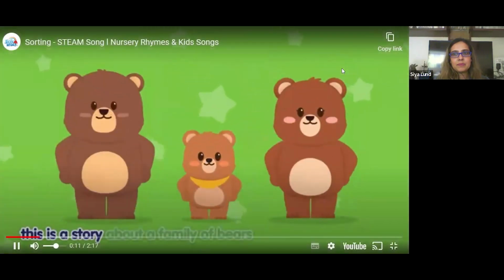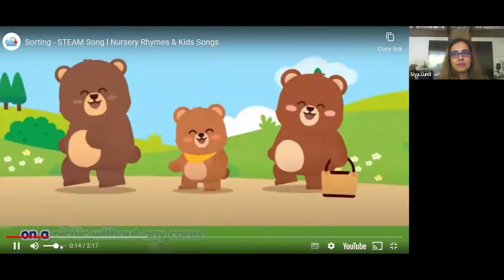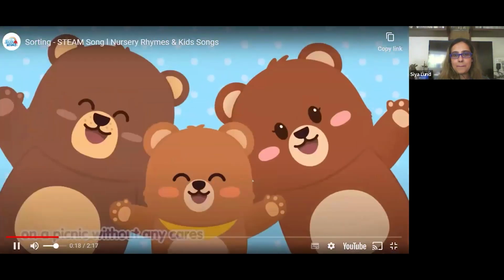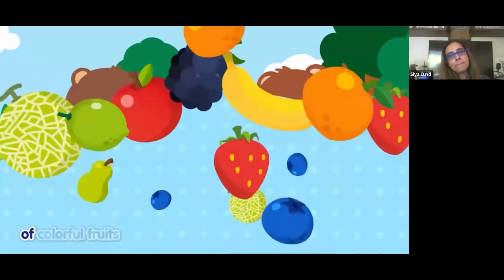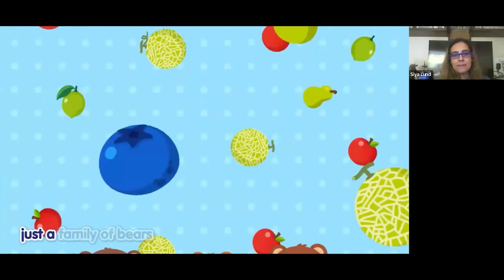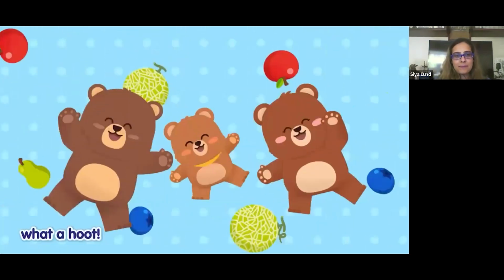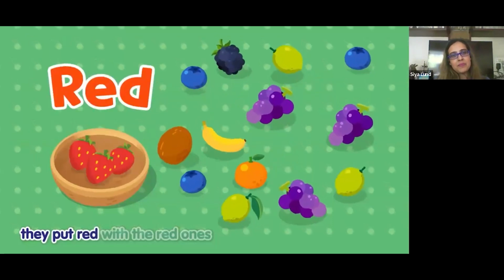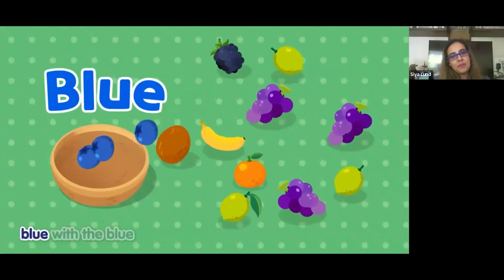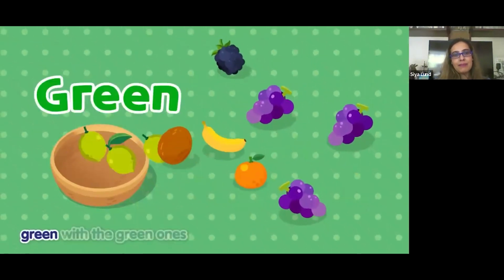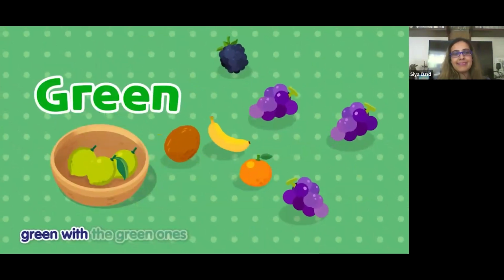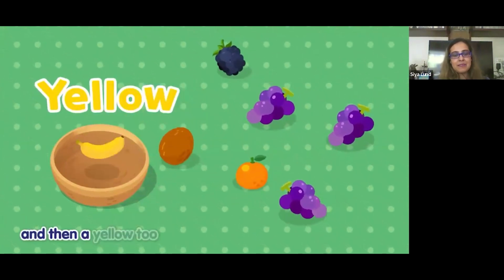This is a story about a family of bears on a picnic without any cares. Oh, they're sorting out a basket of colorful fruits, just a family of bears. Red with the red ones, blue with the blue, green with the green ones, and yellow too.